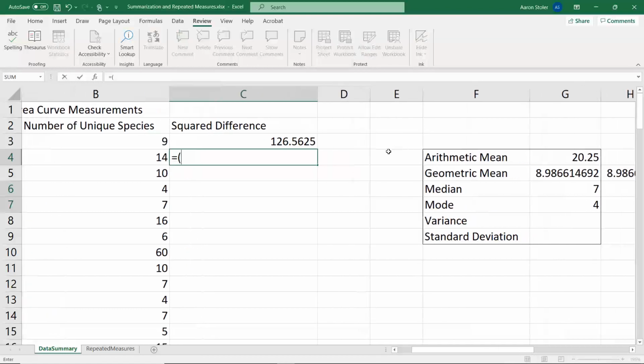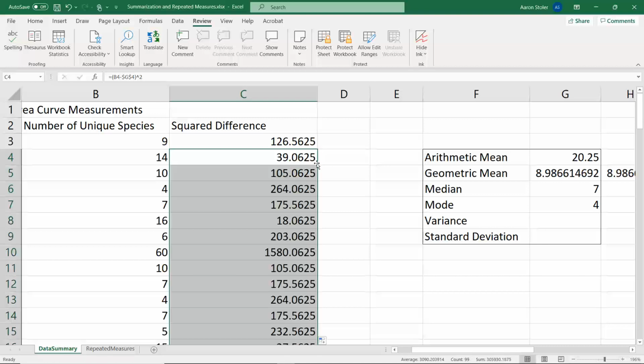Once again, 14 minus the arithmetic mean squared. You do that for each one of these data points, but if you scroll that down, of course we have to lock, and you can press F4, or you can type the dollar signs in. We have to lock G4. We scroll this down, and we get all of these squared differences.